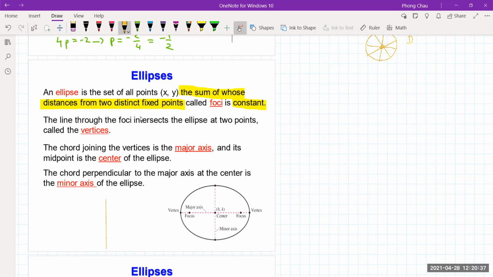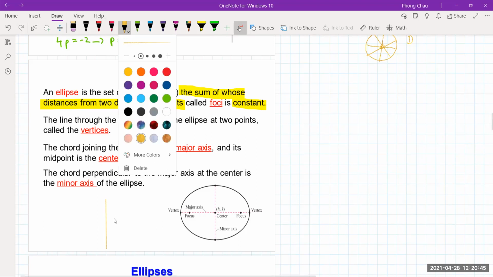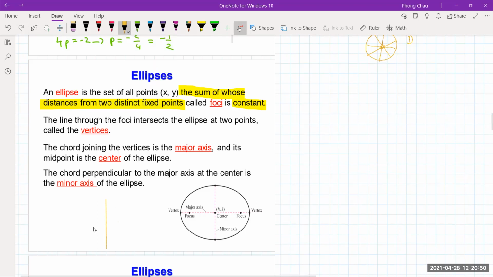If this were the major, then the minor will be the one that's shorter, right? If it's a center, then the minor axis is going to be shorter for sure. And if you look at it, the ellipse will go like this.